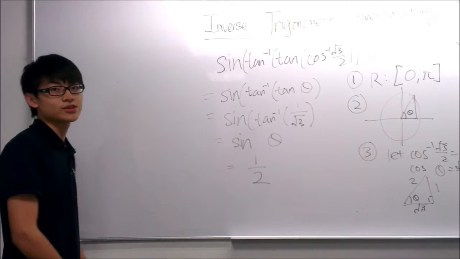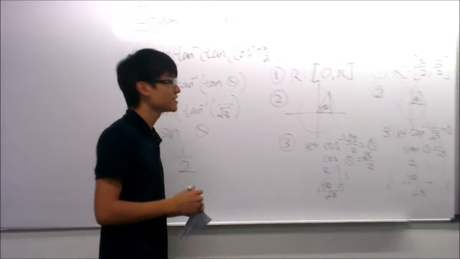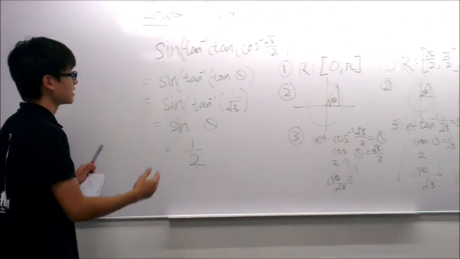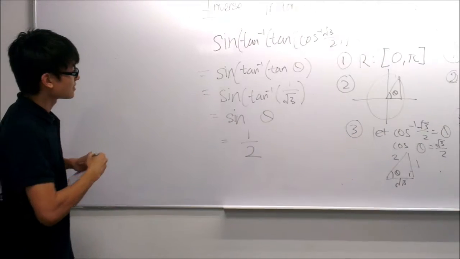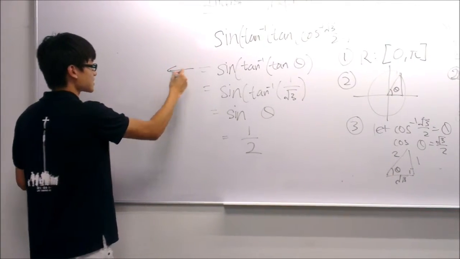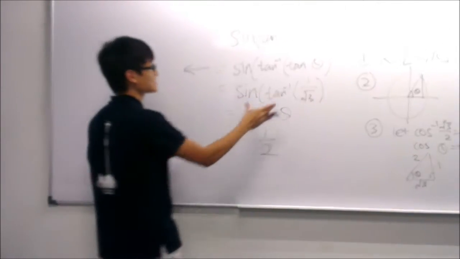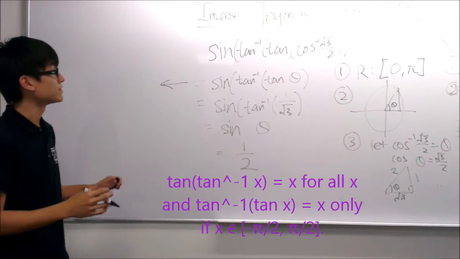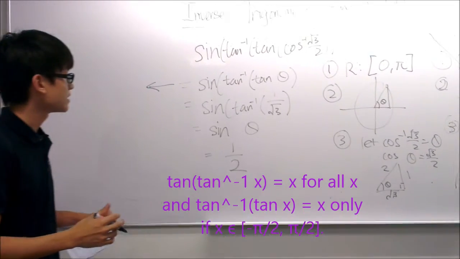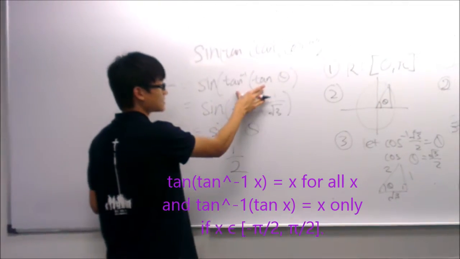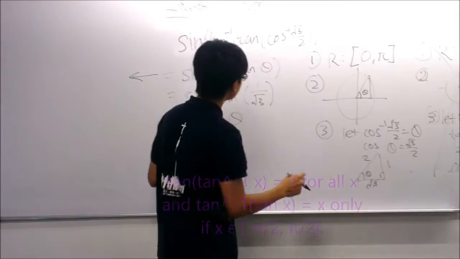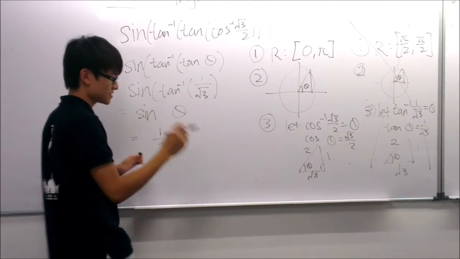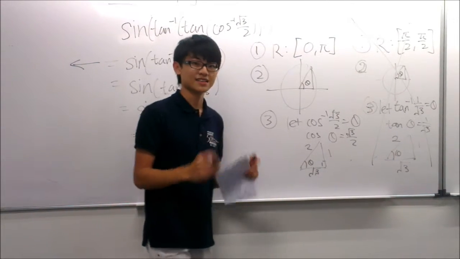For this question, we can actually apply a shortcut which cancels out all these steps into one simple step. If you realize, this is actually one of the identities of inverse trigonometry functions, the tangent inverse tangent identity. We need to know the angle first before we apply the identity.